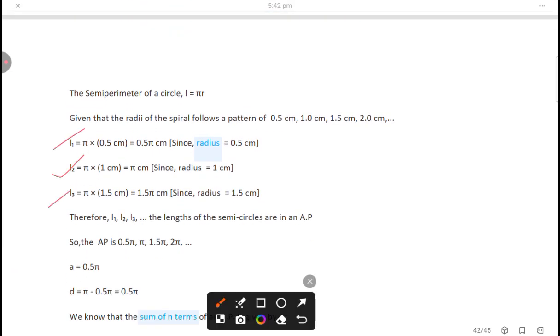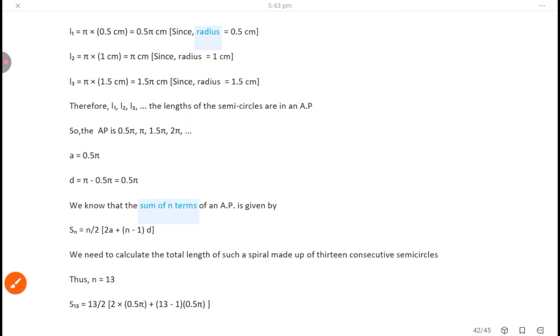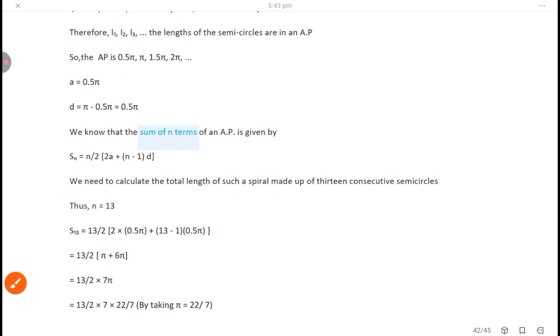L1, L2, L3. Therefore L1, L2 lengths of the semicircles are in AP. So a is 0.5 pi. The common difference is 0.5 pi. You know the sum of the first n terms of an AP is given by n by 2 times (2a plus (n minus 1) d).